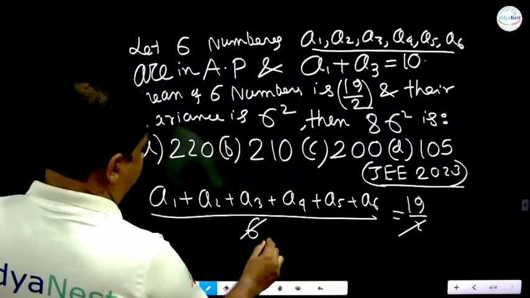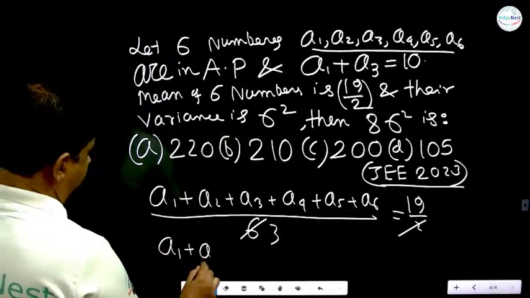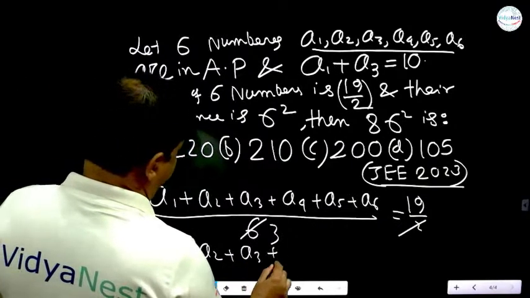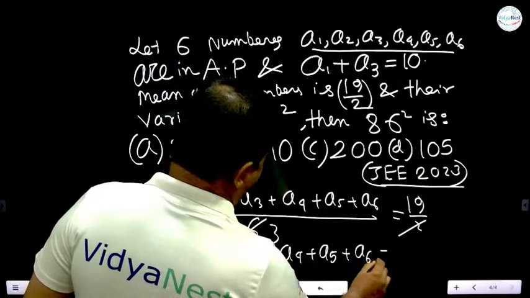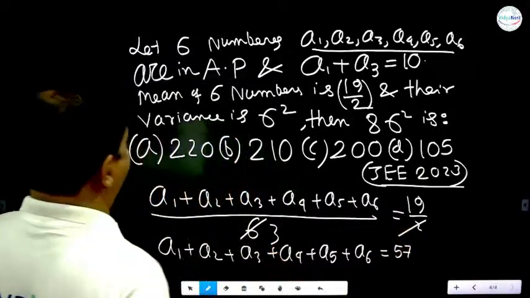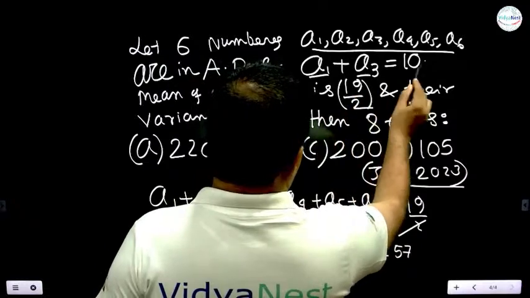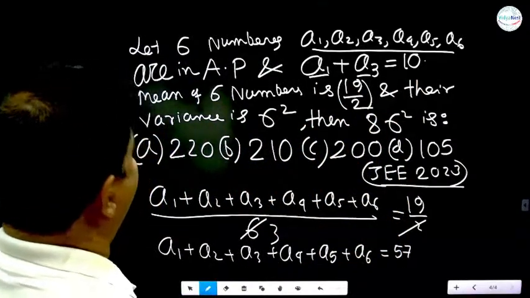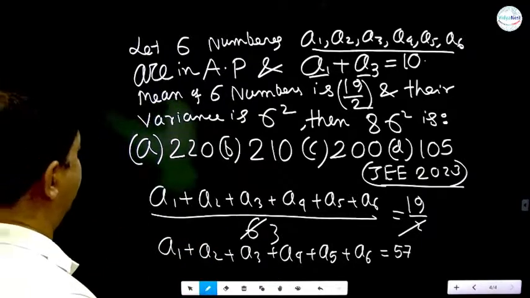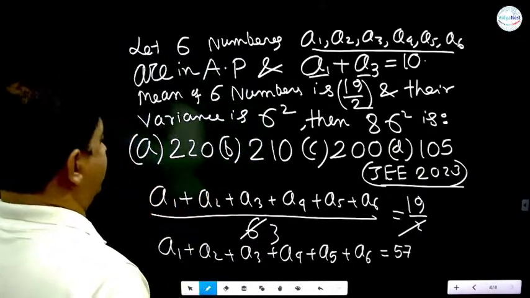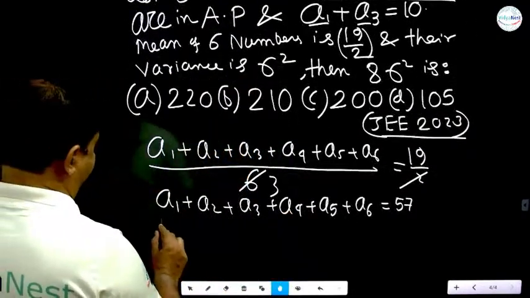So to ease the calculation, 2 and 6 will be cancelled. Sum is equal to 57. 19 into 3, 57. Now A1 plus A3 is already given. So I can reduce the calculation. A1 plus A3 given, that is 10. I don't know whether this result will be helpful for you or not.